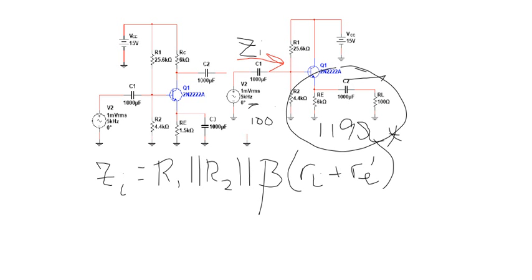And if beta is 100, then that becomes 11.9k ohms. And it's in parallel with the 25, and it's right here, and it's in parallel with the 4.4. So 4.4 now is going to be my smallest. So I've gone from having a load resistance for this common emitter amplifier of 100 up to something that's going to be in the neighborhood of 4.4K.